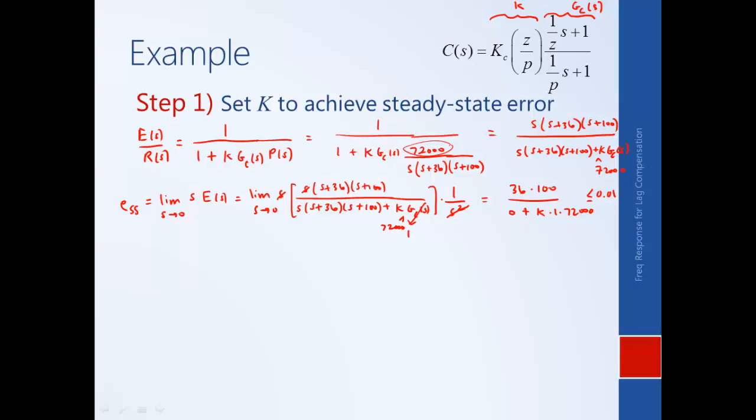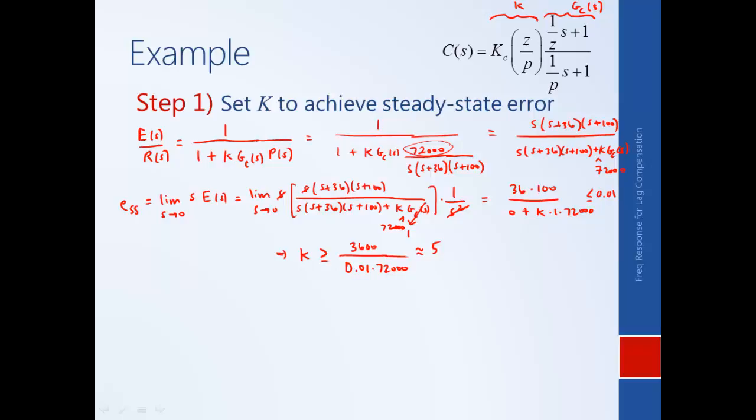If I solve for K, multiply the K to the other side, divide through by the 0.01, I need that K be greater than or equal to 3,600 divided by 0.01 times 72,000, which is approximately 5. So in order to meet our steady state error requirement, we need K to be larger than 5.